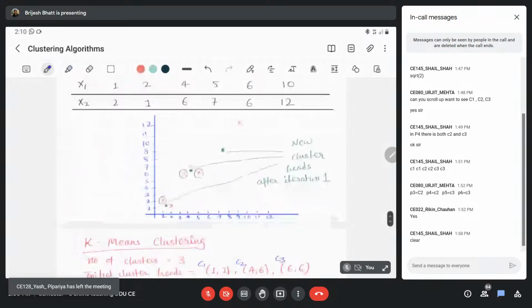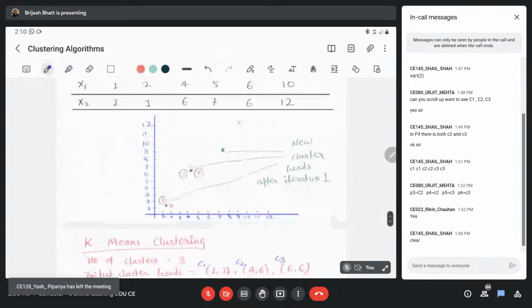So the points are 5,7 and 6,6. And the cosine similarity for them is 5 into 6 plus 7 into 6, divided by the square root of 35 plus 49 into the square root of 72.